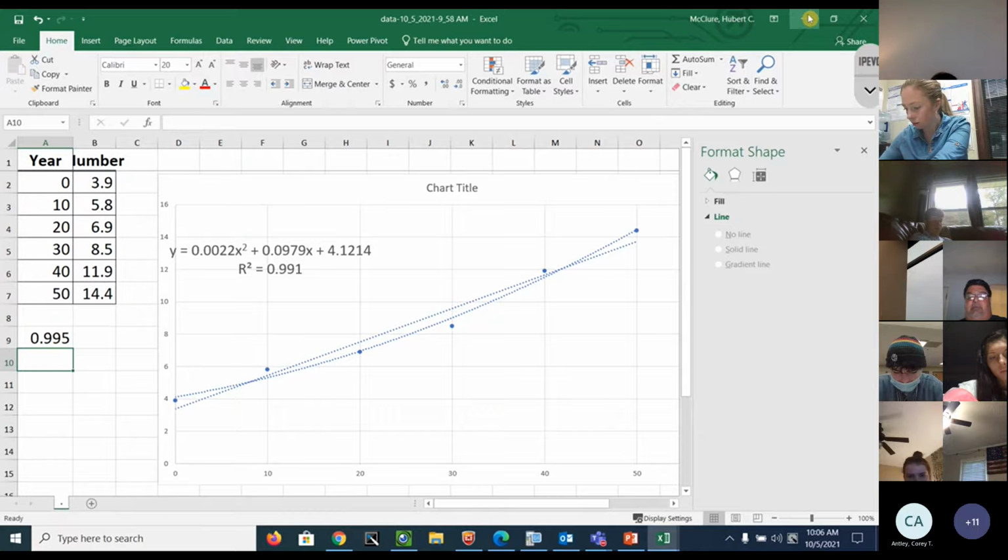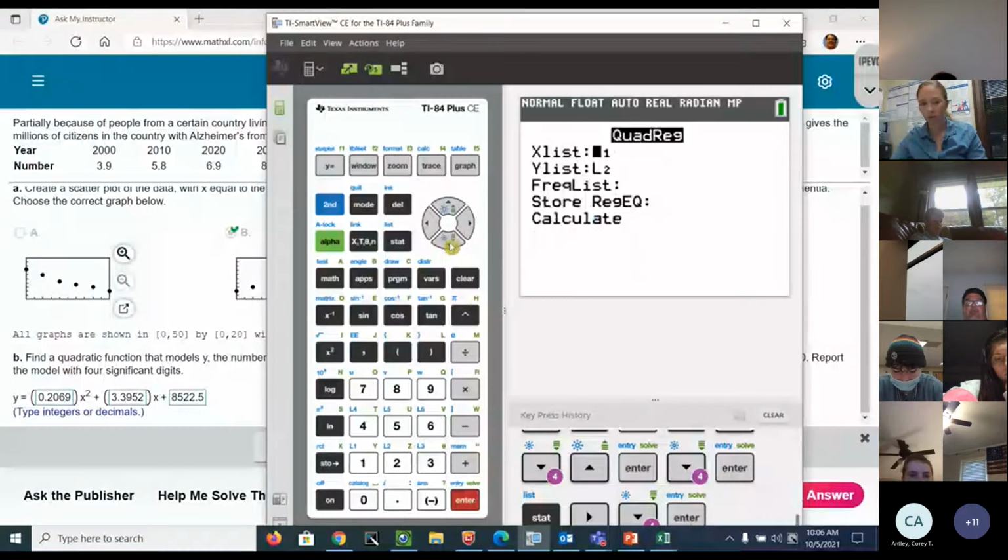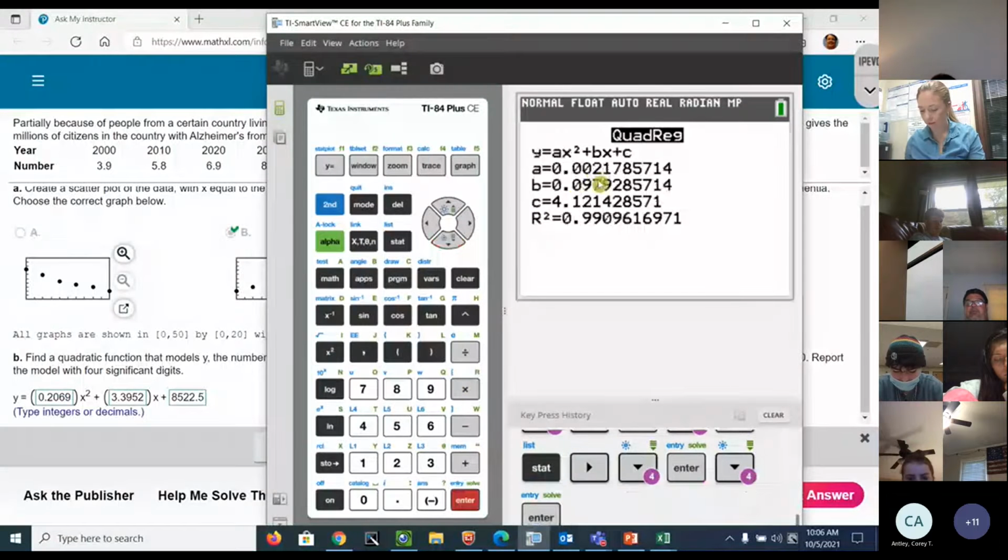So let's go to the handy dandy calculator and do it. On the calculator, we're going back to stat, calculate, go down to quadratic regression, L1, L2, calculate, and there is what we just did: 0.0022x squared plus 0.0979x plus 4.1214, and that's the same thing that the Excel spreadsheet got.